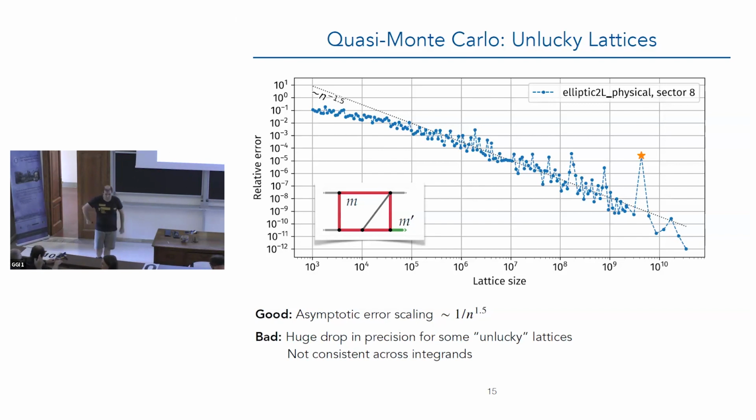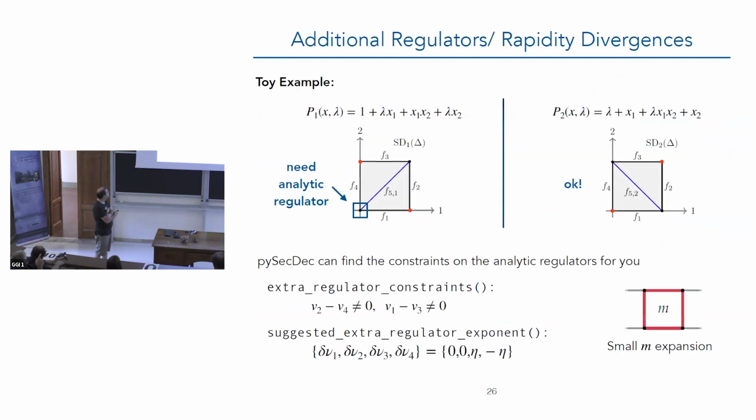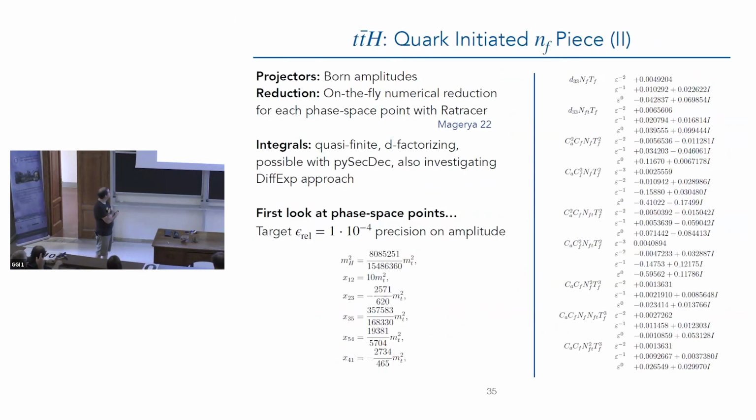Sorry, I follow up on the question by Kirill. When you do the reduction, go back to this slide with Ratracer. First of all, your amplitude is analytic, no? Initially, yes, you have the full analytic amplitude, unreduced.